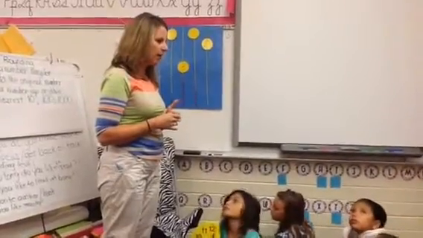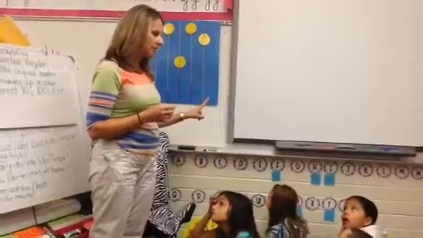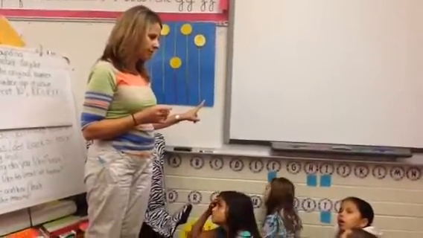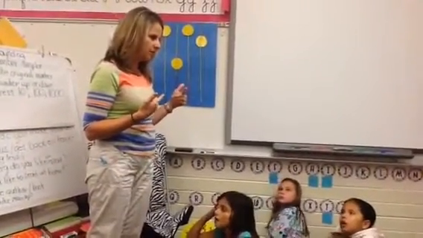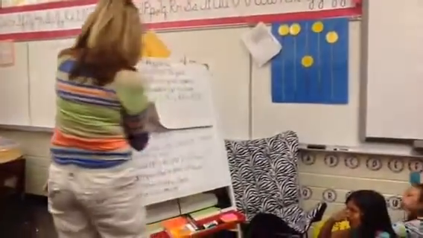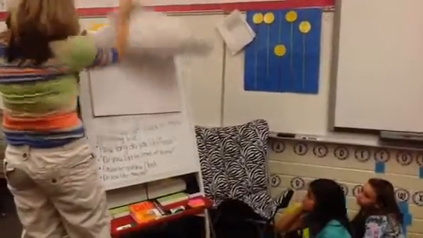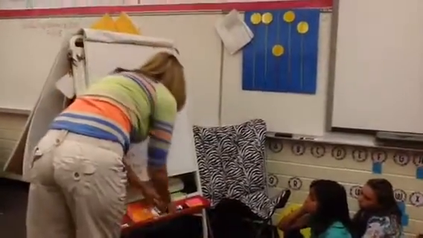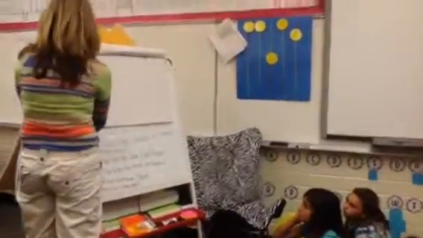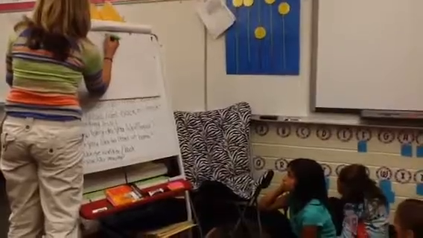I want you to try out at least one action lead and one dialogue lead for your story, just like I just did. So maybe you could write in your notebook at the beginning, label it, leads.